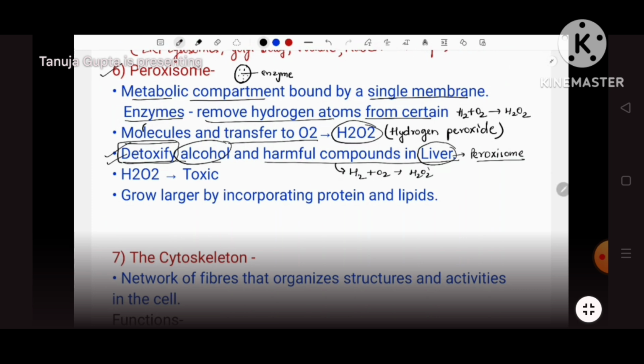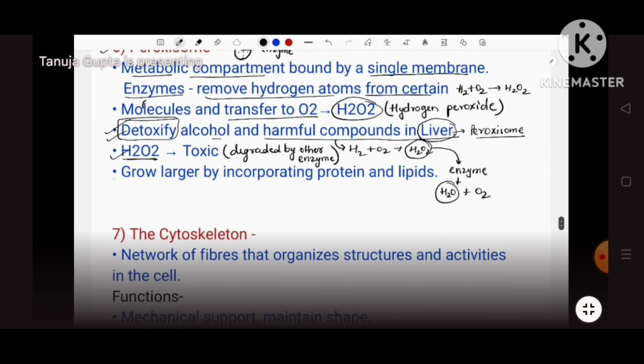Though H2O2 is also very toxic, there are certain other enzymes in the body which further degrade this H2O2. See, the other enzyme degrades it and converts it into water, plus a certain amount of oxygen. So this is how the toxic substance is removed from the body.